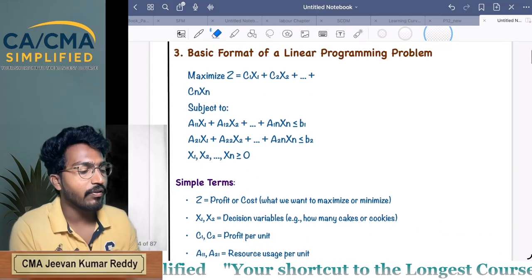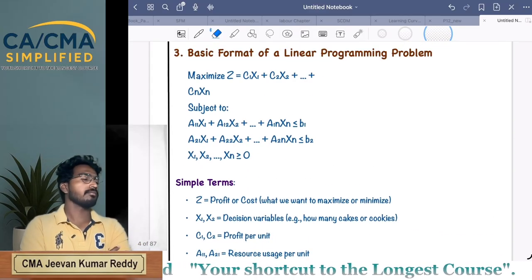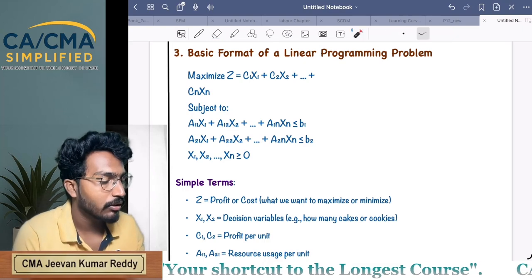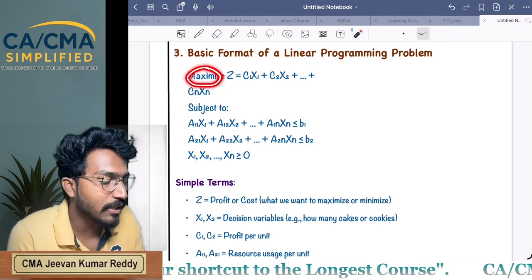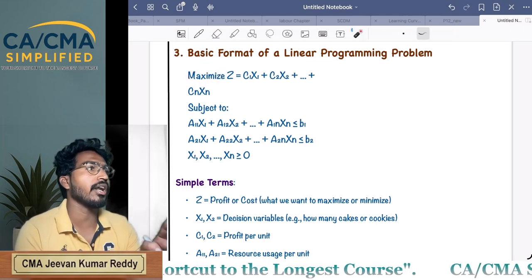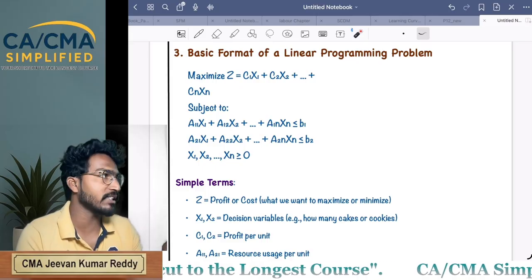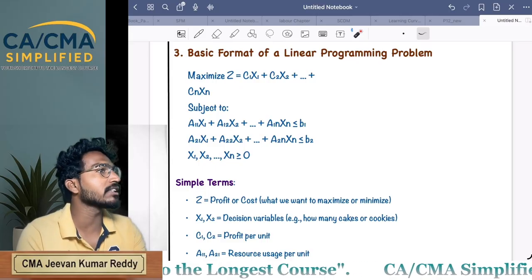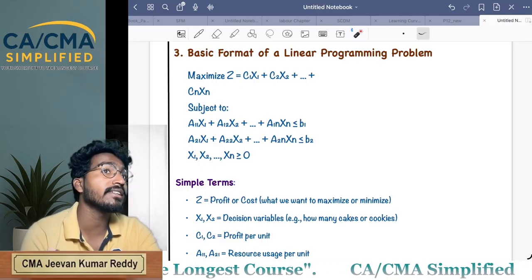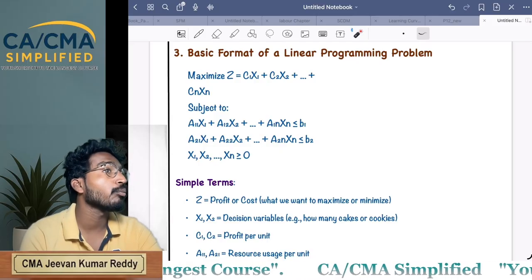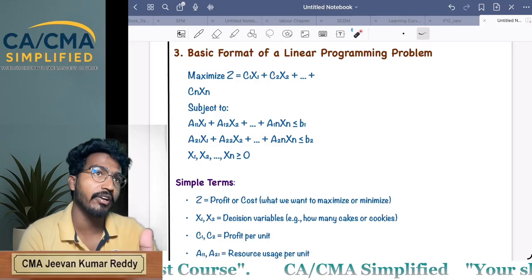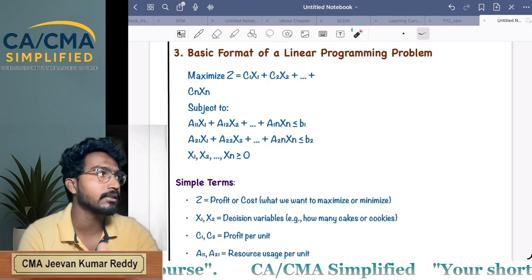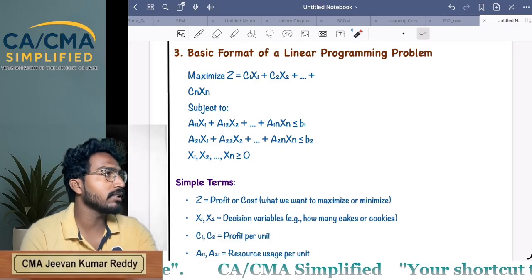What is the format of linear programming? Maximize or minimize. If your objective is maximization, what will you maximize? Profits, sales revenues, sales units. You will maximize all these things.